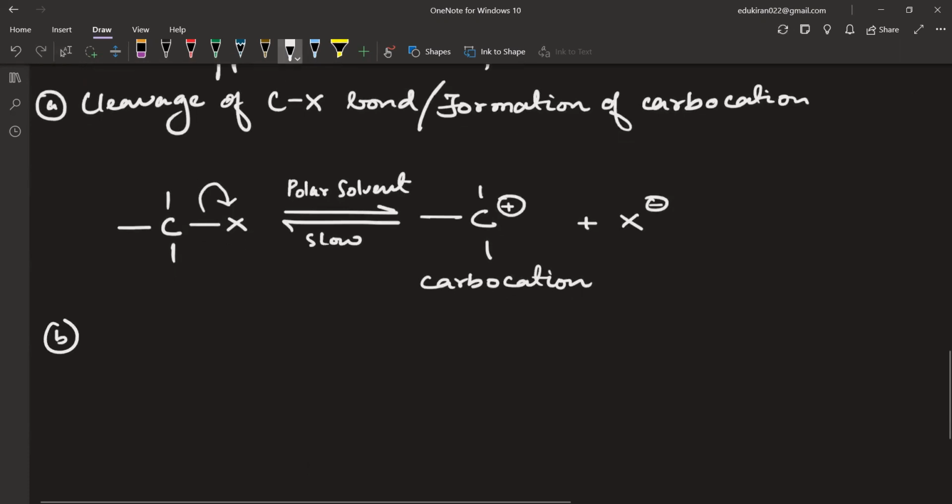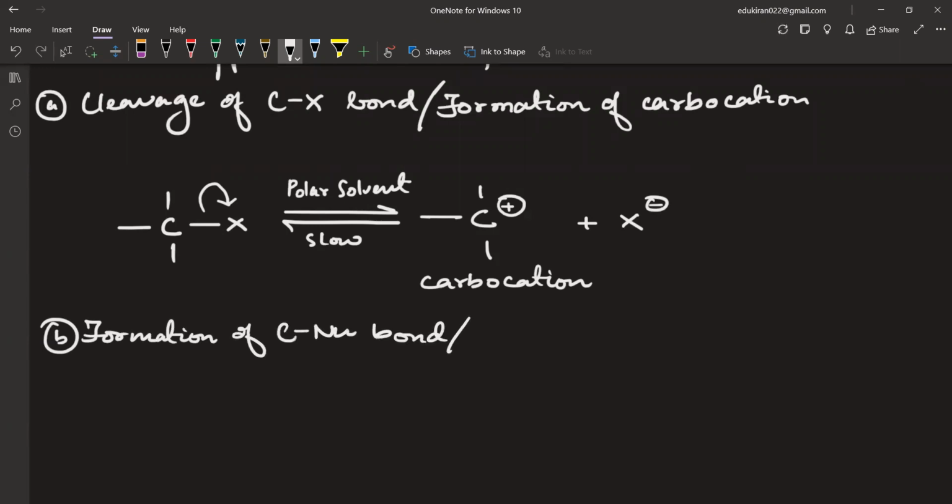The next step, what you will write, is the formation of the C-Nu bond, the carbon nucleophile bond. It is also known as the attack of the nucleophile.